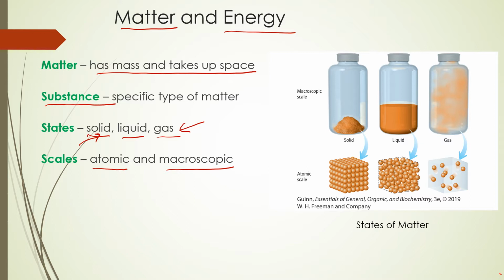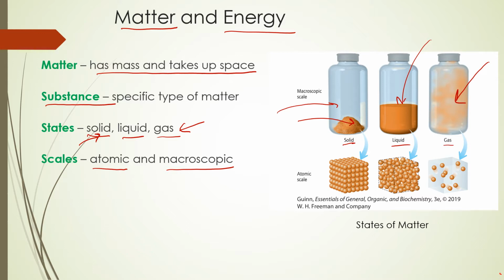For example, we can see 3 different bottles here, and all of these bottles contain a substance, or we can say orange looking substance inside here. And as we can see, the first bottle contains solid, and second one contains liquid, and third one contains gas.